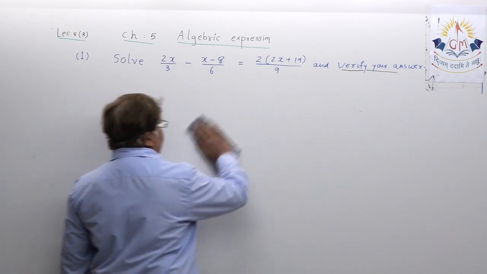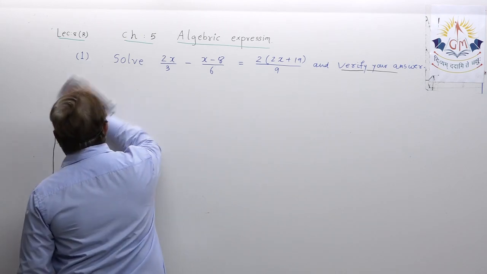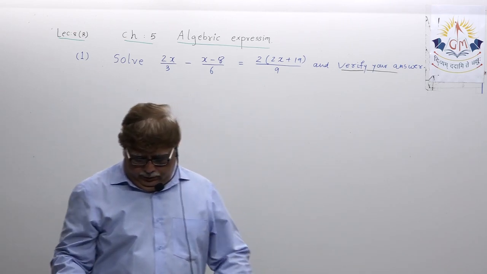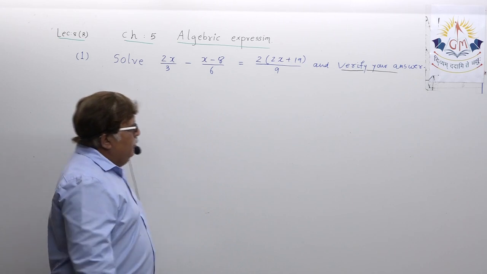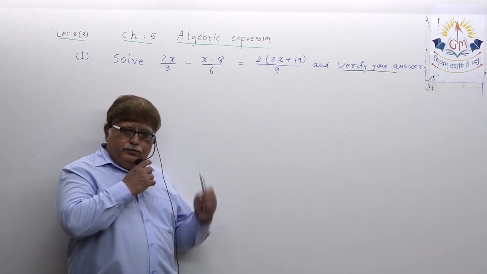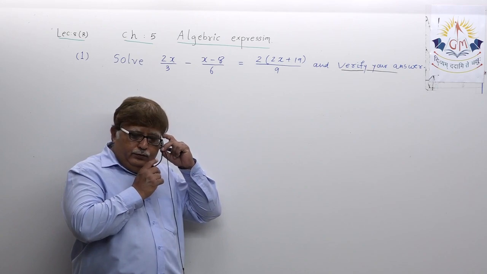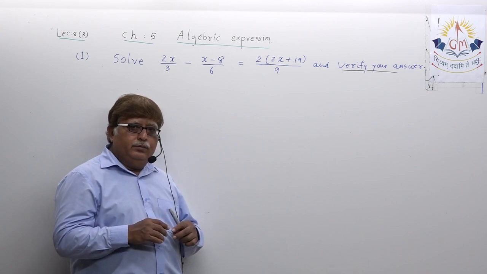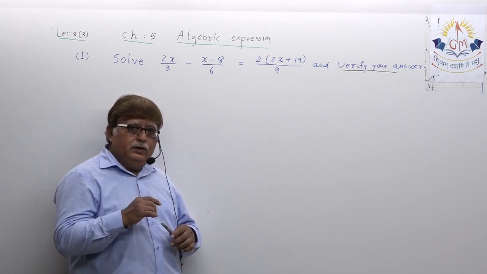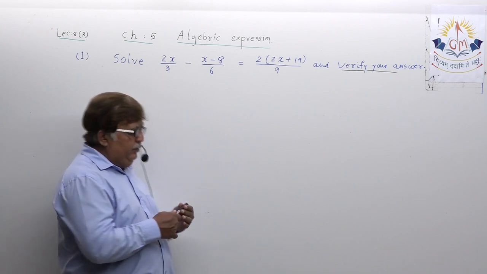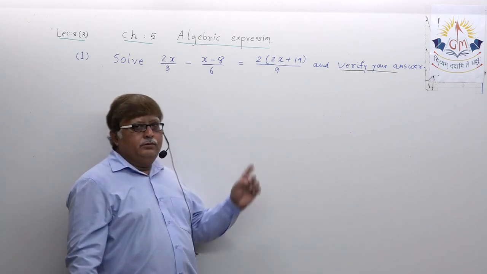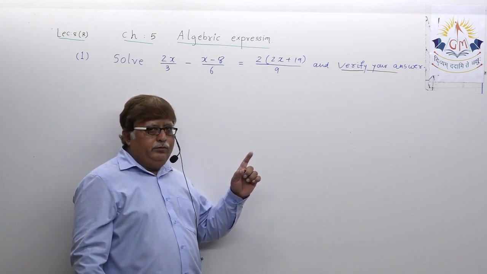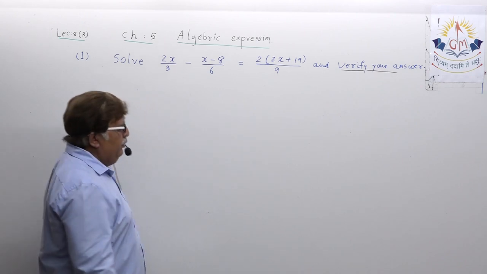And now, after we got x equal to 52 as the answer, now it's a question of verification. What is the meaning of verification? That I am explaining to you. Dear student, x equal to 52, that is our answer. Okay.